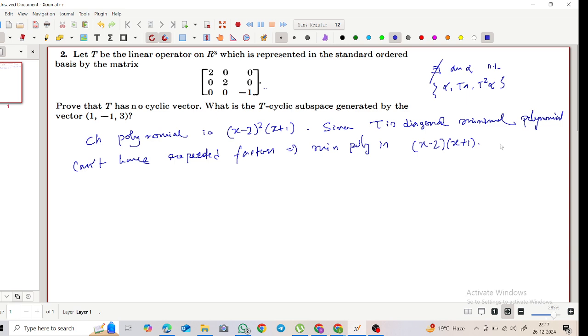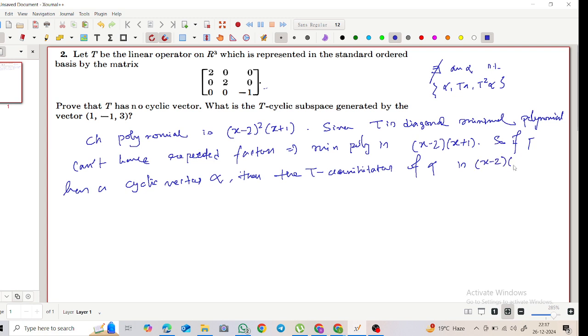And we have shown that if T has a cyclic vector, then the minimal polynomial is equal to the T annihilator of alpha, right? So if T has a cyclic vector alpha, then the T annihilator of alpha is (x minus 2) into (x plus 1).